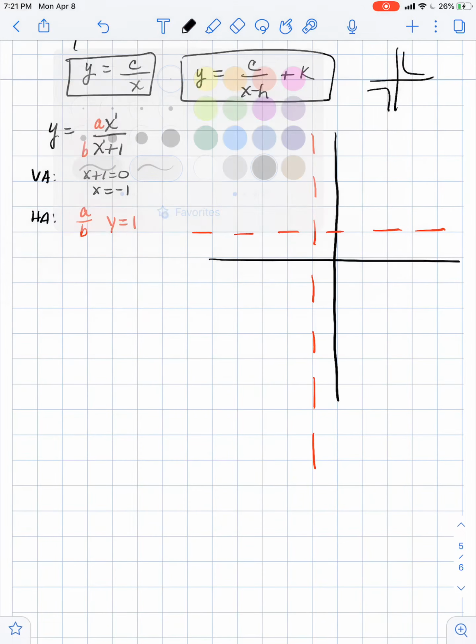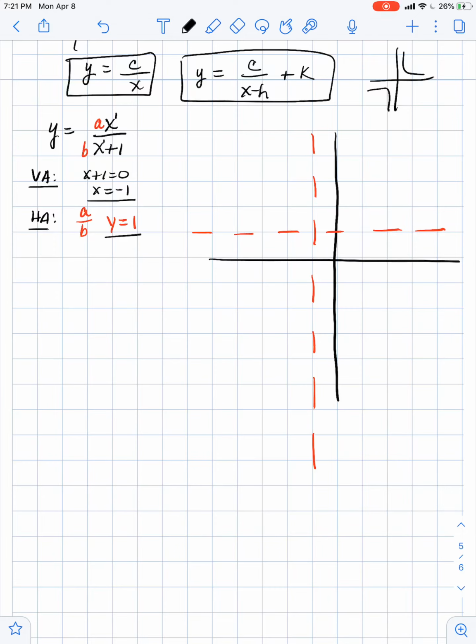The other thing that we can look at along with those is our x and our y intercept, because again, we looked at those a little bit last video. When we look at our x-intercept, remember we always let our y equal 0.